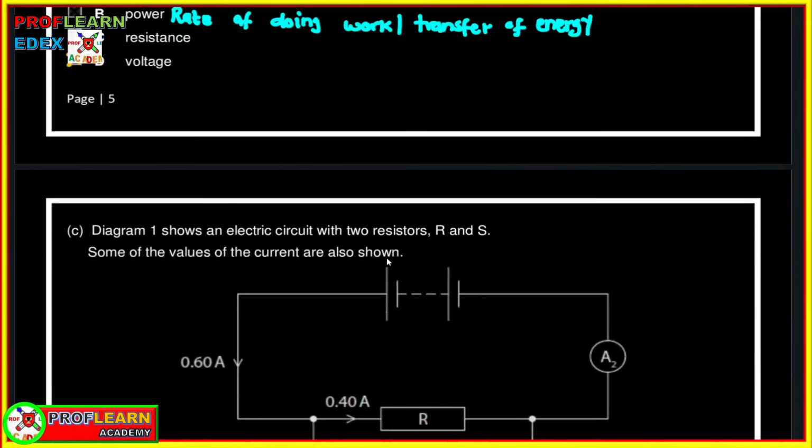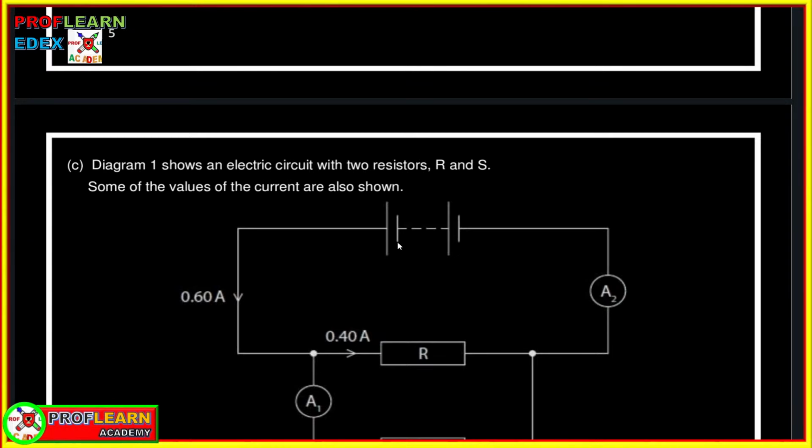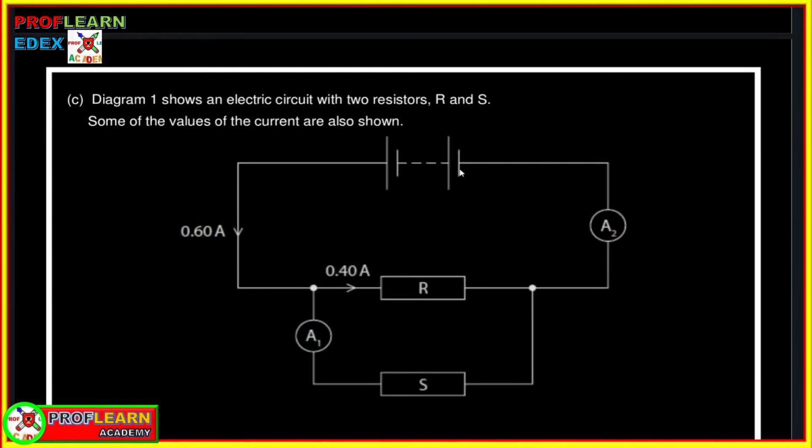All right. The next question is to do with circuits, so probably you'll have a question to do with that. Here we are told the diagram shows an electric circuit with two resistors, R and S. The current flowing through here is 0.6 amperes.